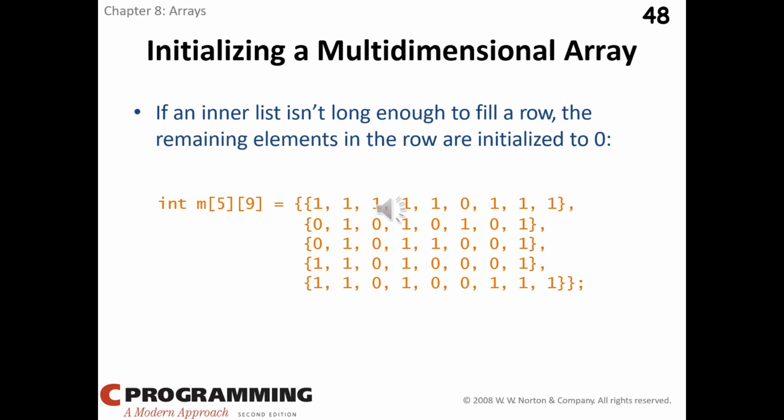When we're initializing a multi-dimensional array, like our grid, each row is represented by a list of values inside curly braces. Now, imagine each row of our grid as a row of houses on a street. If a house has fewer items or values than the other houses on the street, we need to ensure that the empty spaces inside the house are still accounted for. In programming, if an inner list isn't long enough to fill a row of our array, the remaining elements in that row are automatically initialized to 0.